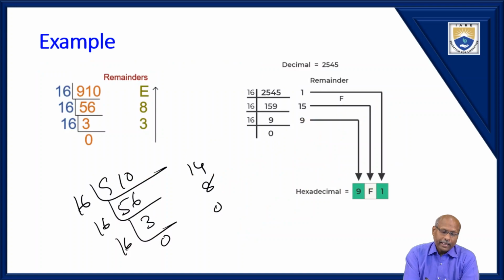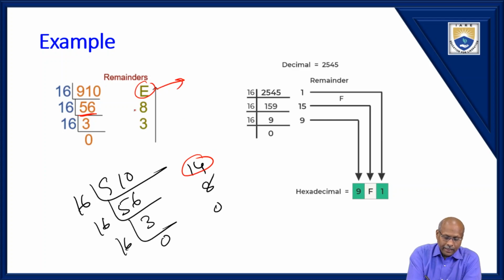Now see, for example, a given number is 910. Now you have to convert it into the corresponding hexadecimal value. If you divide 910 by 16, then you will get 56, and the remainder is 14, which is nothing but E. Then 56 divided by 16: 16 3s are 48, so the remainder is 8, and 8 is 8 only.